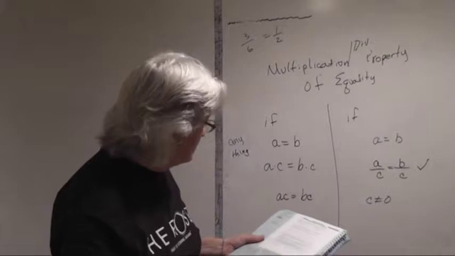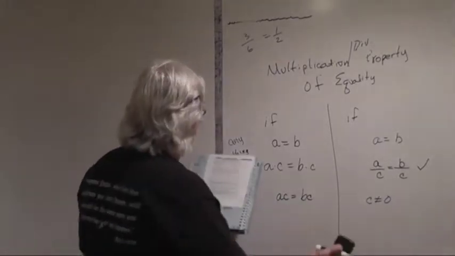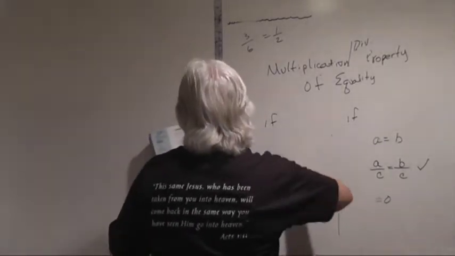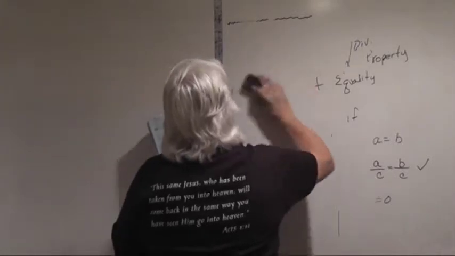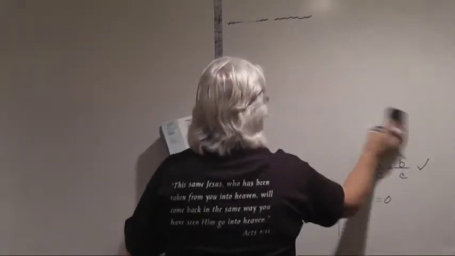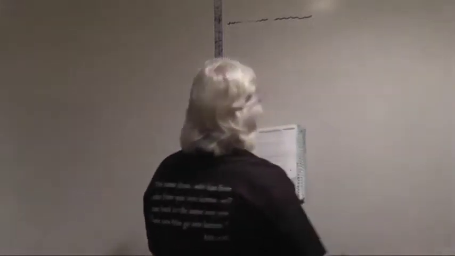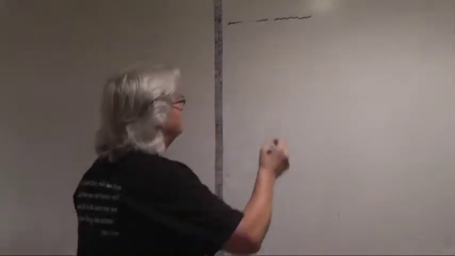What your book says on the bottom of page 56 is, what do you do if you're going to solve equations using multiplication and division? First thing you have to do is figure out what's happened to the variable.